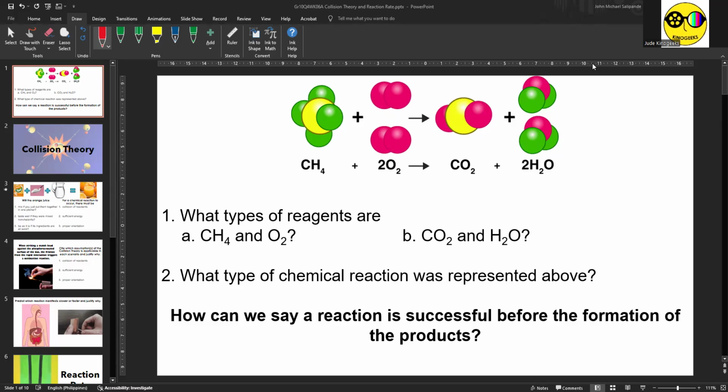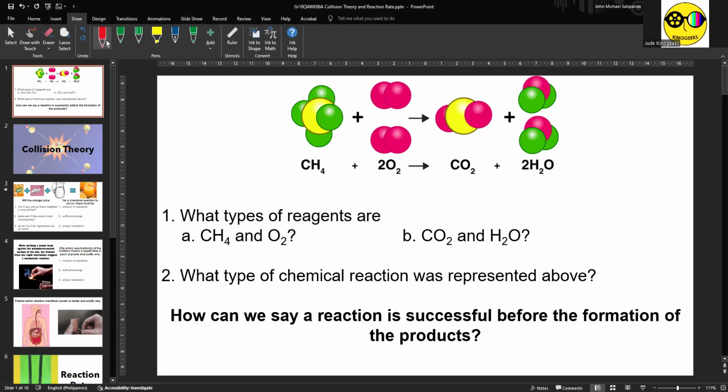So in this chemical equation, you see we have methane CH4 reacting with two molecules of diatomic oxygen O2, producing one molecule of carbon dioxide CO2 and two molecules of water H2O. Judging by the positions of the reagents, what types of reagents are CH4 and O2?